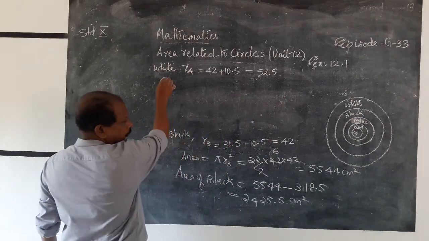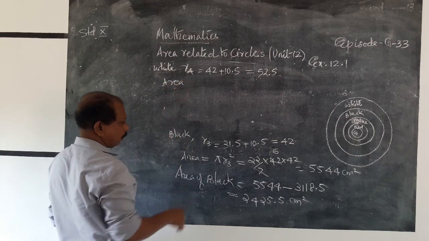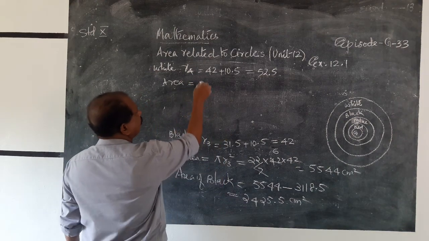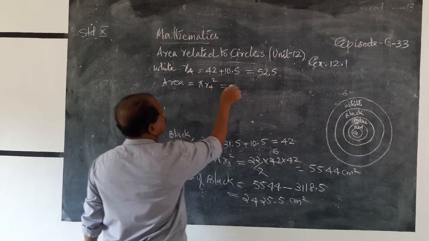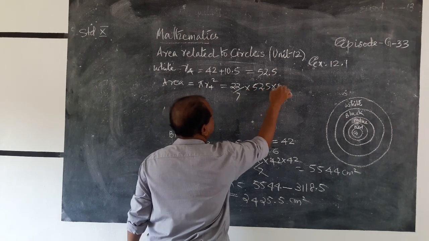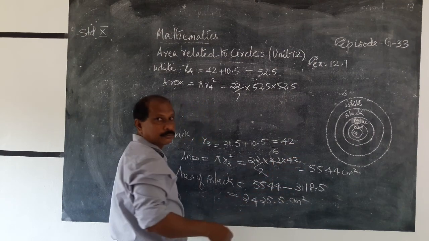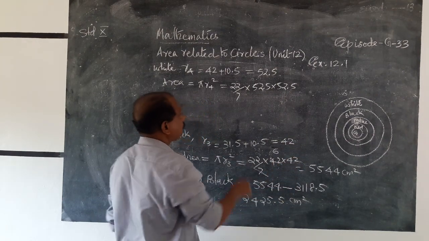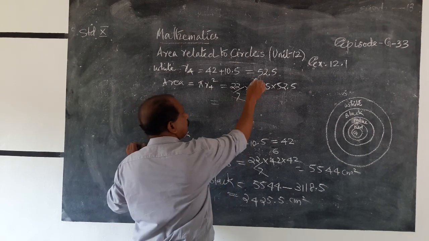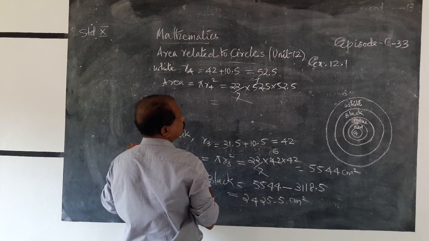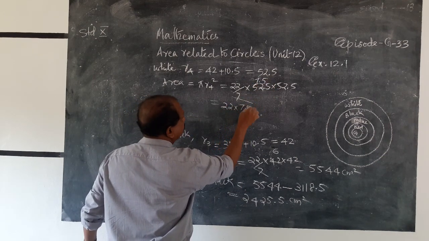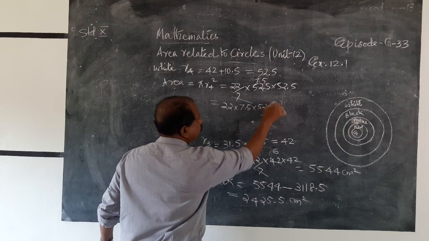Therefore, area is equal to pi r4 square, which is 22 by 7 into 52.5 into 52.5. 7 and 52.5 cancel, giving 22 into 7.5 into 52.5.